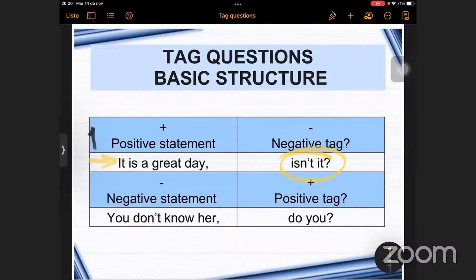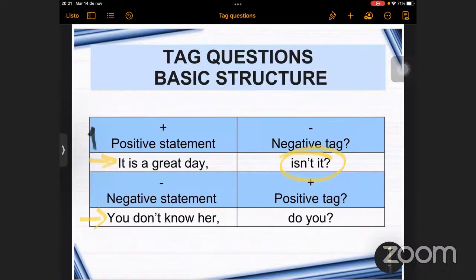Okay? So, it is a great day, isn't it? Like, "Es un día hermoso, ¿cierto?" Like, "¿Verdad?" That's the only function. So a positive statement ending with a negative tag question or negative mini question. That's it. Statement number two: you don't know her.